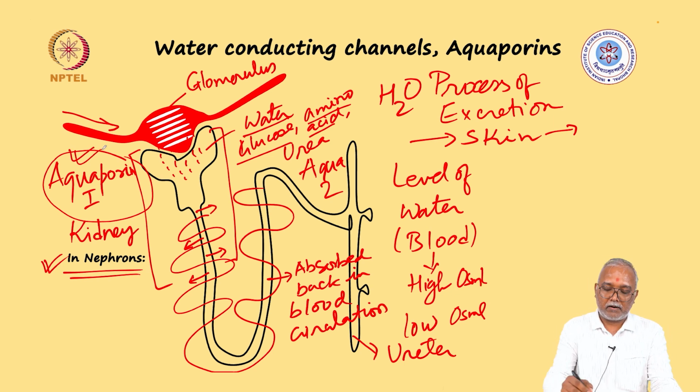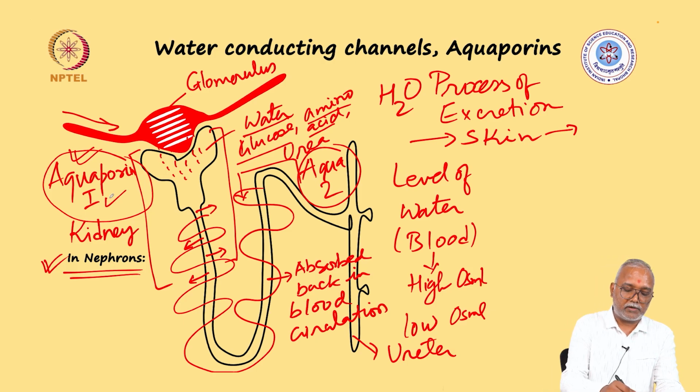The later part of the nephron here, some extra water can be retained depending on the environmental condition. If there is a dehydration situation, then there will be more water which will be taken back into the system, and that is where aquaporin 2 comes into the picture.